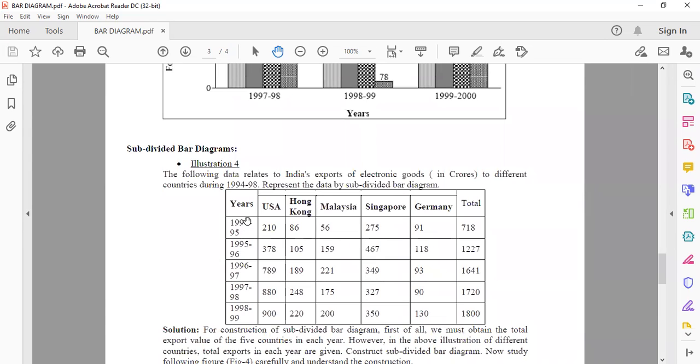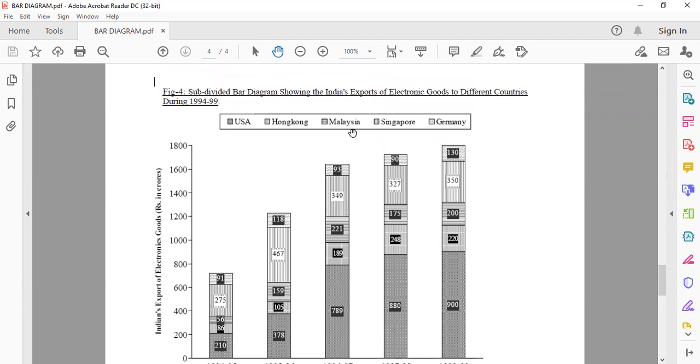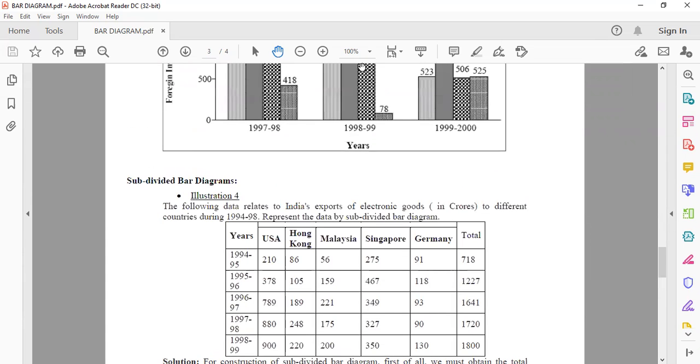So I use these years as this. Now let us check how we can plot this diagram using these entries. Let us check for only one case. Let us see.